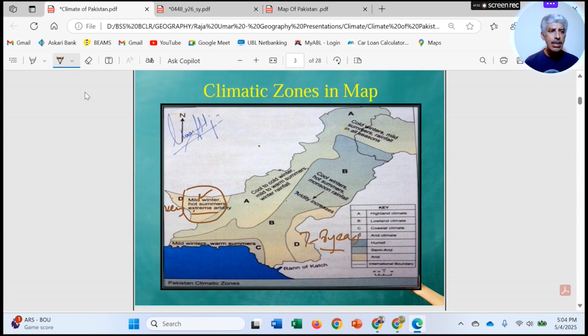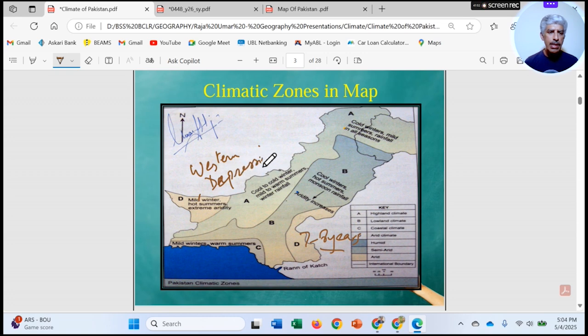In the same way, this region of Balochistan is quite dry, as we were discussing that this area gets rainfall due to western depressions, but that is very low rainfall.